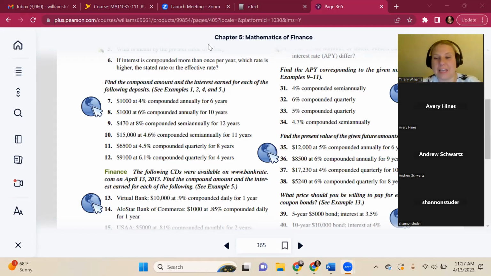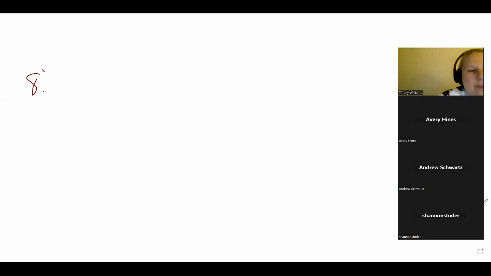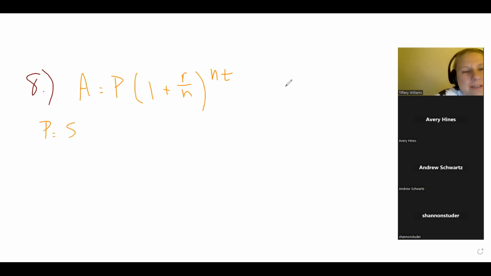So we're just trying to set up our formula here. So let's see, we got number 8. As a quick reminder here, our formula is A equals P times 1 plus R over N raised to the NT. So right now we know that our P value is 1,000. We know that our R is 6%.